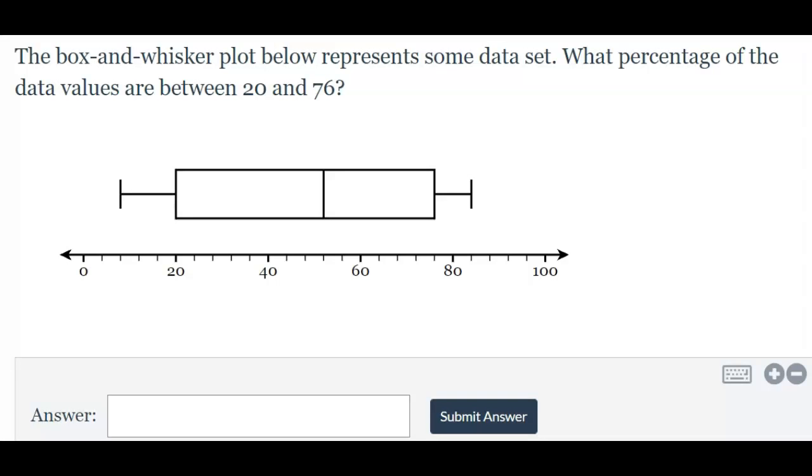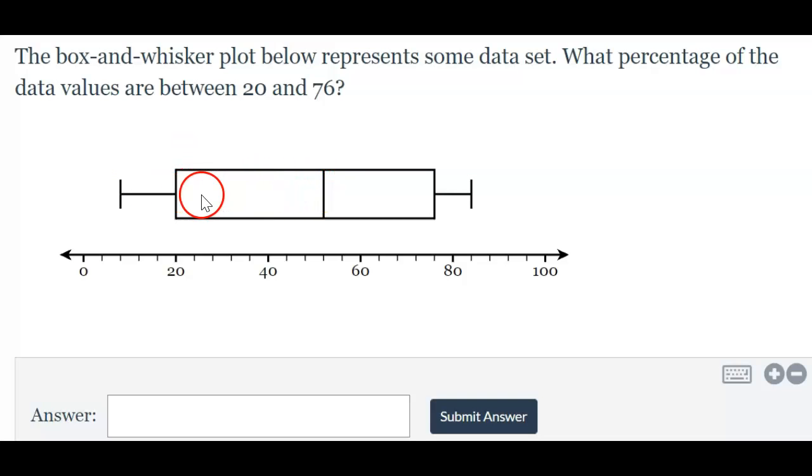So now we're getting into maybe the more difficult part of interpreting box plots. It asks us what percentage of the data values are between 20 and 76. So 20 is our Q1 or our lower quartile, and it looks like 76 is our upper quartile. So we know that between the minimum and the Q1, there's 25% of the data, and there's another 25% from the lower quartile to the median.